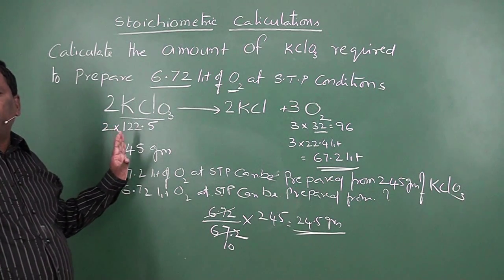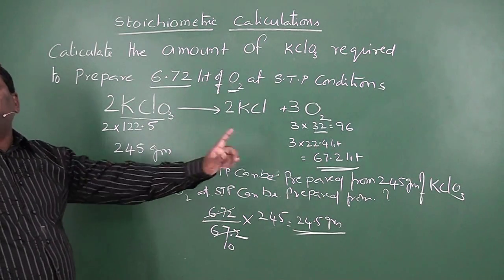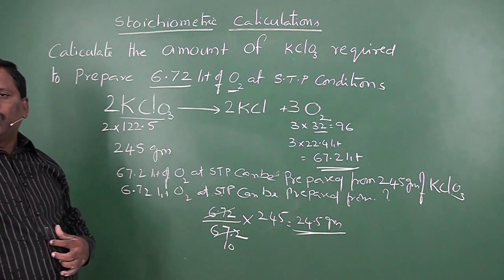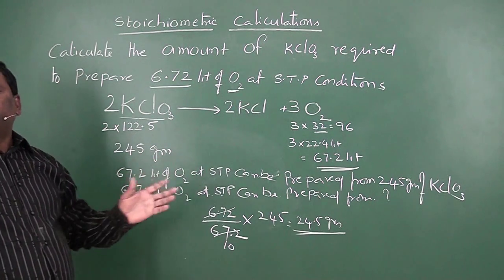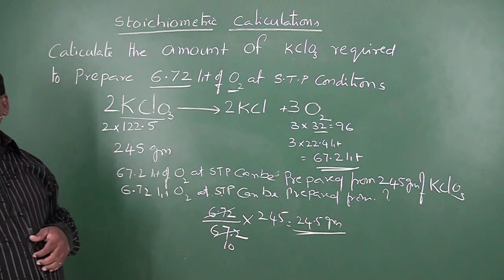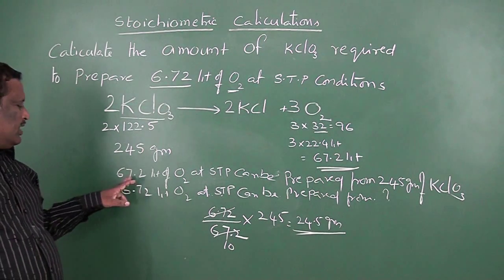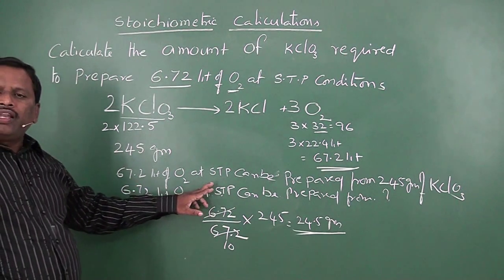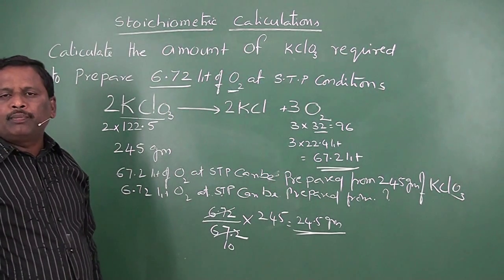So from 245 grams of KClO3 you get 3 into 22.4, that is 67.2 liters of O2 gas, liberated when 245 grams of KClO3 is decomposed.